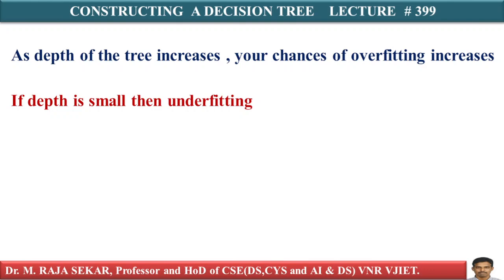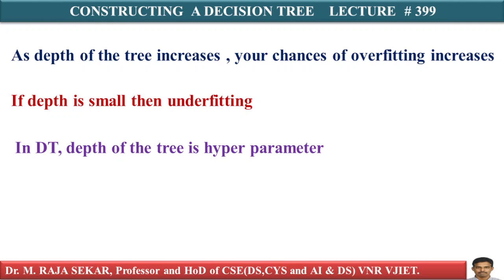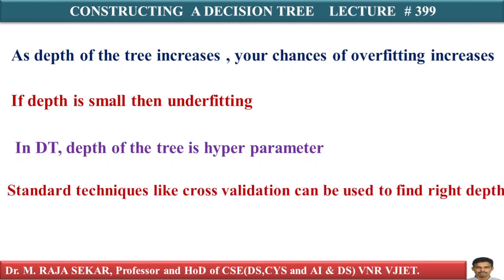In a decision tree, the big hyperparameter is the depth of the tree. How do you find the right depth? You can use standard techniques like cross validation. Depth of the tree is similar to lambda in logistic regression, which controls overfit and underfit, or the bias-variance trade-off.